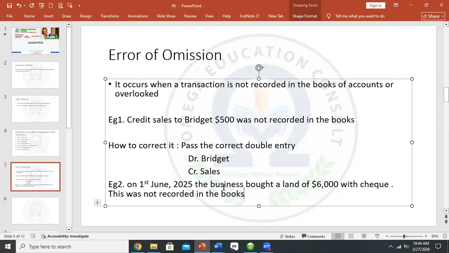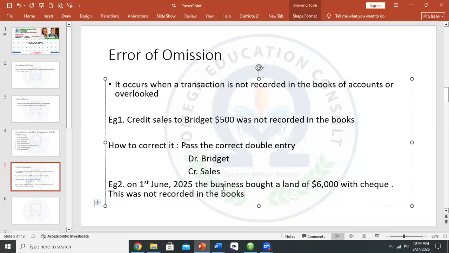So you see, for most of the error of omission, the clue is was not recorded in the books or was overlooked. That will give you the clue that there's an error of what? Omission. In some books, you see something like error of complete omission, because we also have error of partial omission.